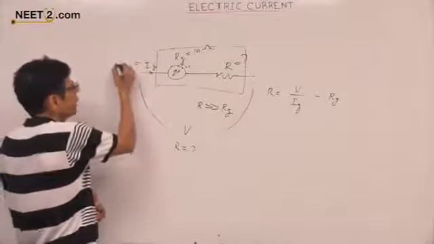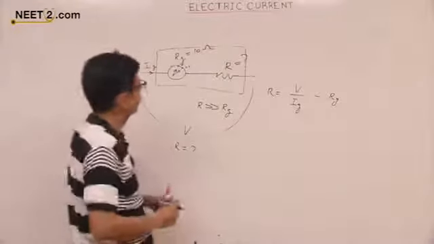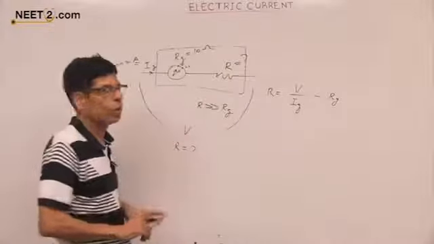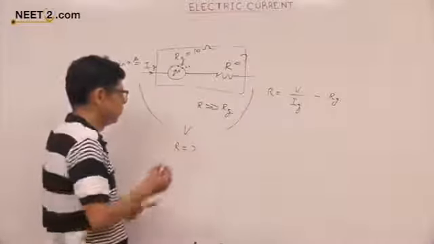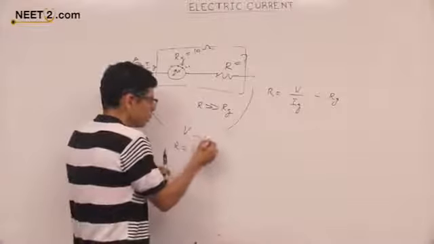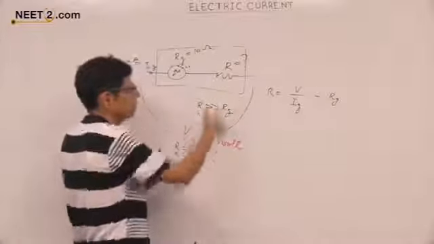Did we take 20 milliamperes last time? 20 milliamperes. So we are using the same galvanometer, only this time we are converting it into a voltmeter. But we want that the voltmeter should be able to measure all the way up to 100 volts. What resistance R shall I put in series?